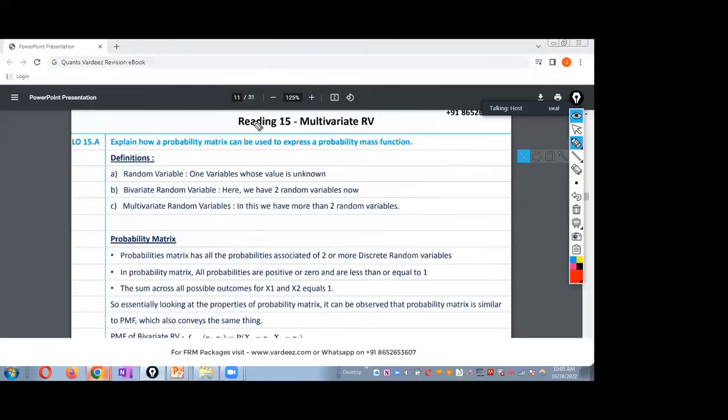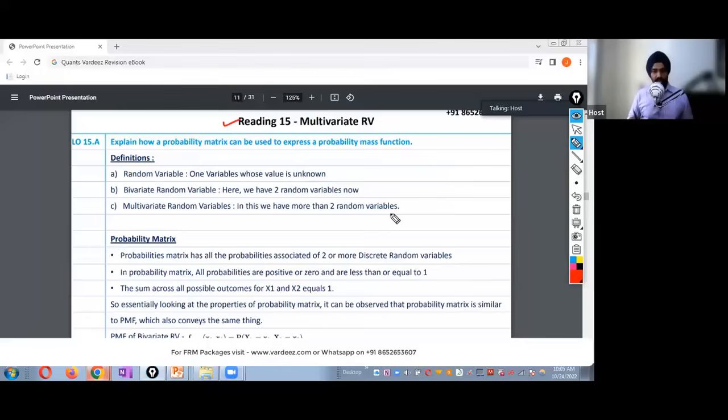All right, so moving on to reading number 15, and that is the multivariate random variable. Now, first learning objective: explain how a probability matrix can be used to express a PMF, probability mass function. Well, let's look at the definitions first. A random variable is a variable whose value is unknown, and we're talking about a single random variable now.